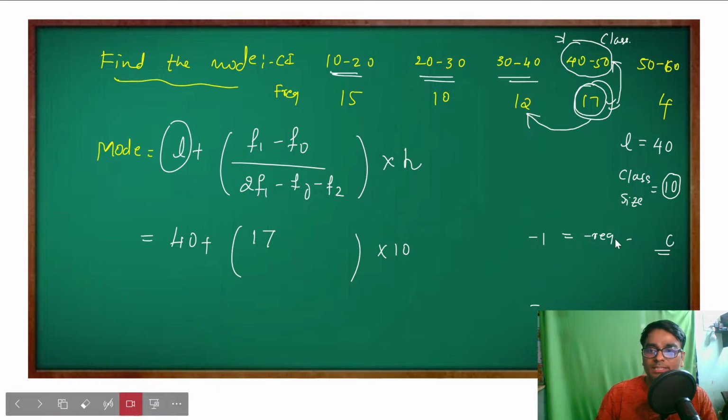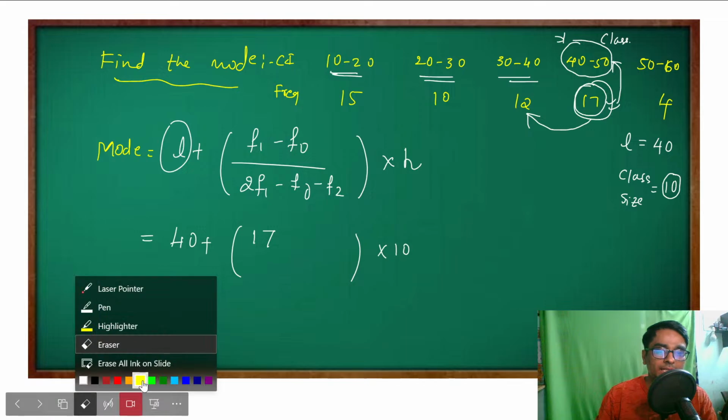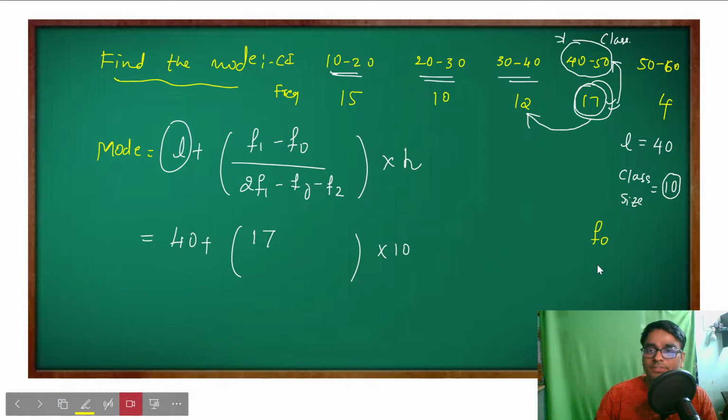Let me write the proper order. This is one more way of not getting confused. F0, F1, F2. First you will find out F1, which you have already marked, the highest one, and this is the frequency of the model class, that is 17.